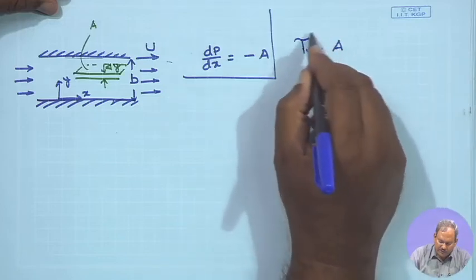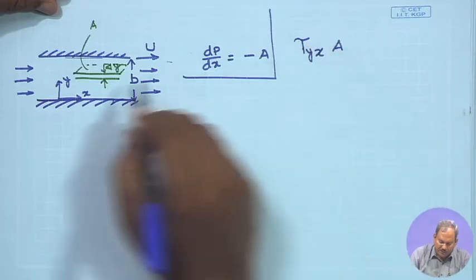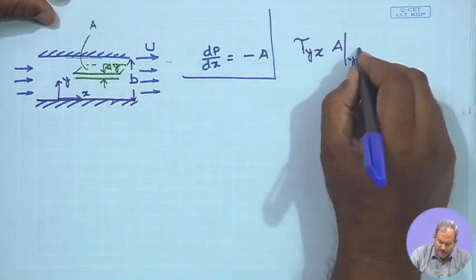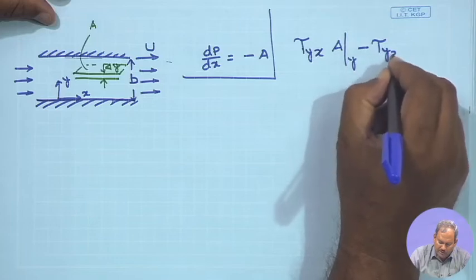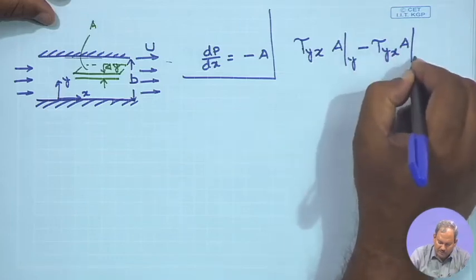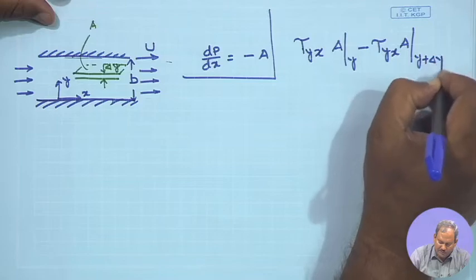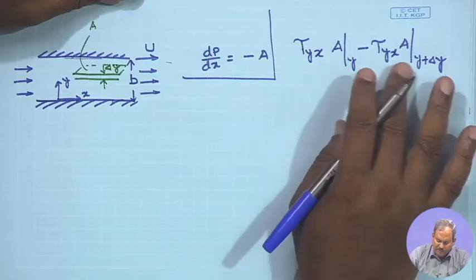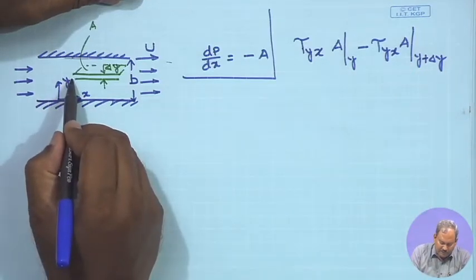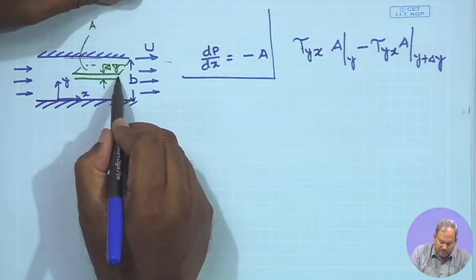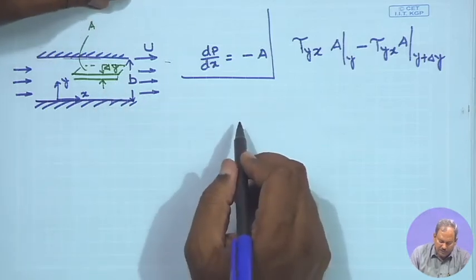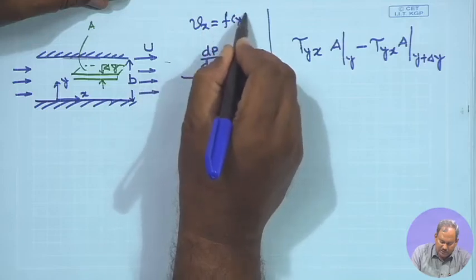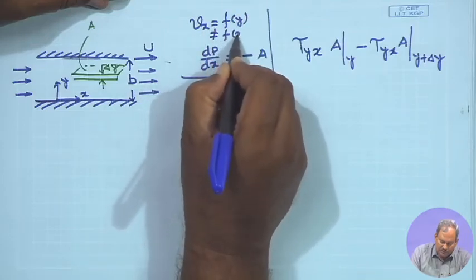So, this is the time rate of momentum in through the bottom face, which is located at y, and the time rate of momentum out would again be the same expression, but evaluated at y plus delta y. So, these are the rates of momentum in and out. Obviously, the convective momentum in and the convective momentum out need not be written here, since Vx is a function of y, Vx is not a function of x.